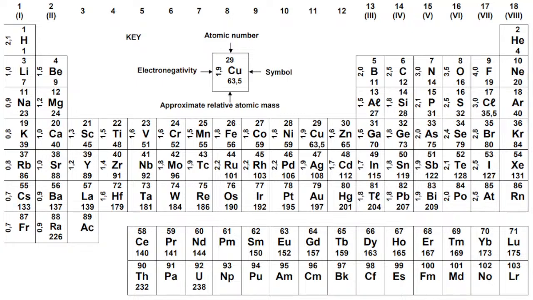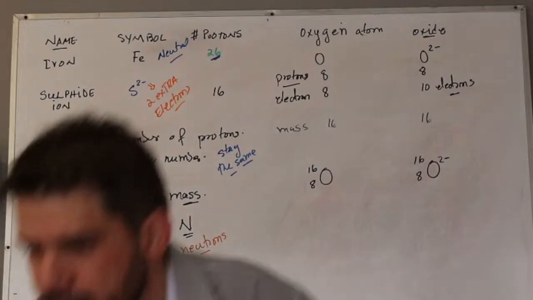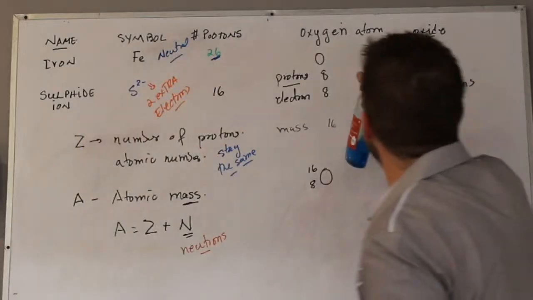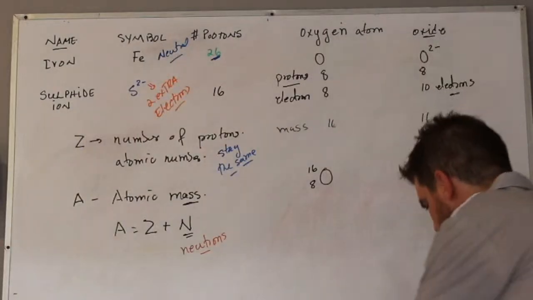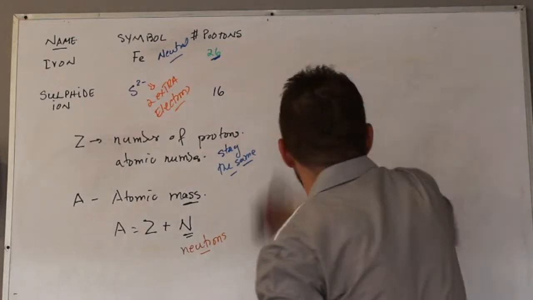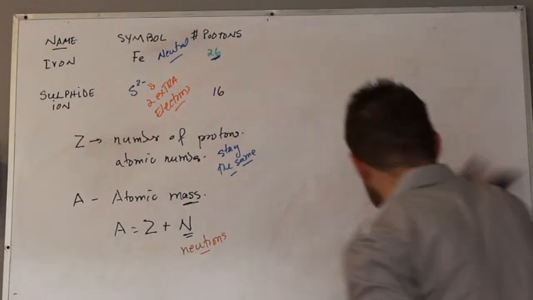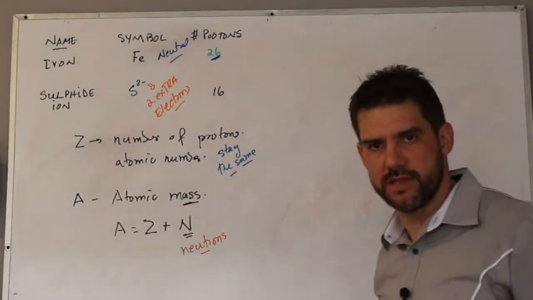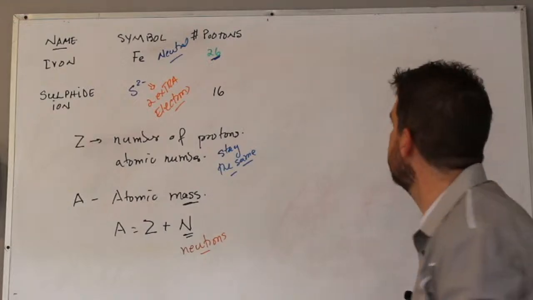So I'm going to explain for sulfur and I'm going to explain for sulfide. Now, when you do the Aufbau diagram, you have to use the number of electrons, the total number of electrons. That's why it's very important.